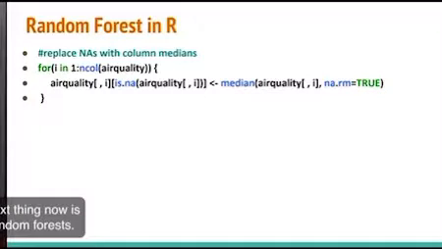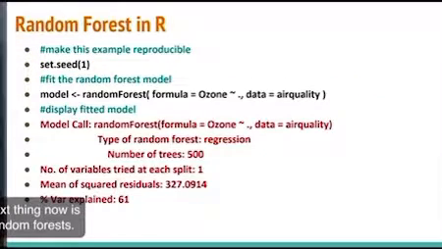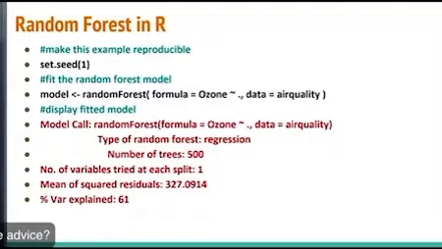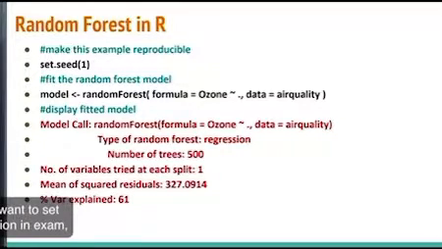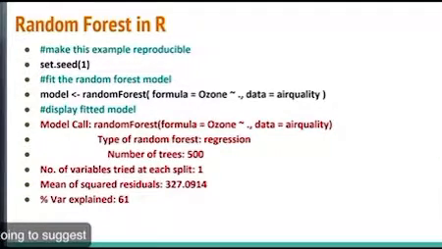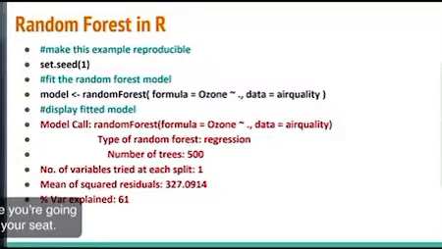Okay, now the next thing is building a random forest. If I want to set this question in an exam, I'm going to suggest the value you set in your seed. Don't forget, when you want to split your data into training and test sets, if you don't set a seed, what will be your training data will be different from mine, because you are simulating randomly.